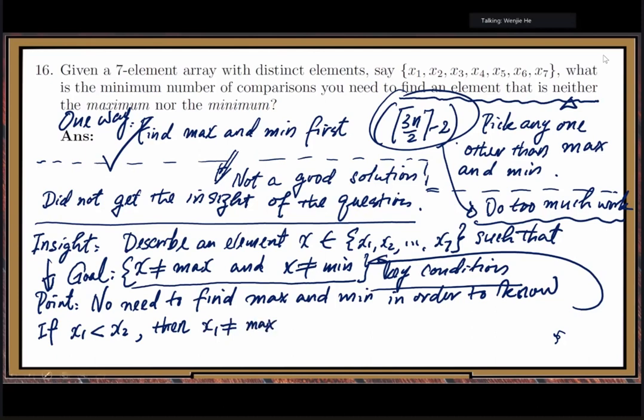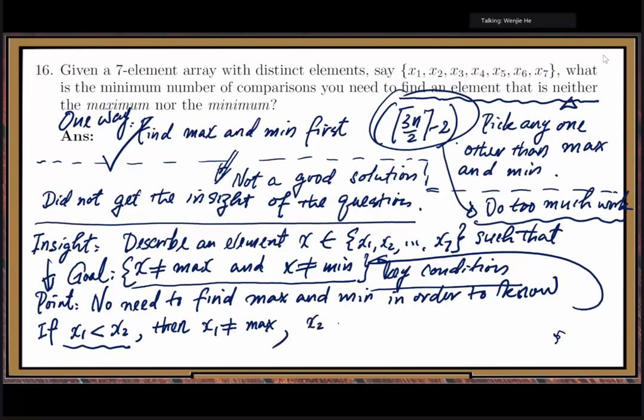See this property. We don't need to touch the maximum or know which one is the maximum. You just do one comparison. The smaller one cannot be the maximum. The smaller one has no chance to be the maximum.